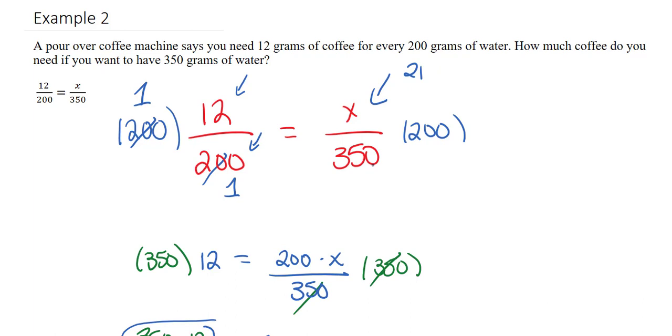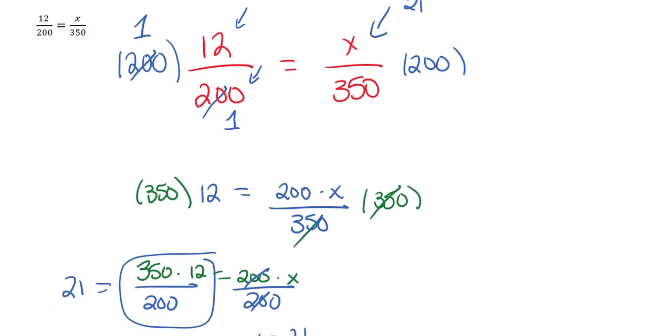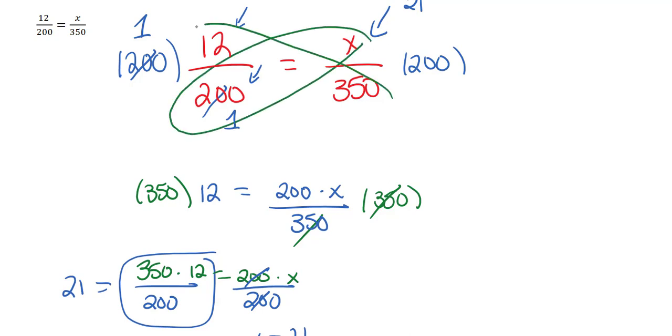Now let's go back real quick to show you how the butterfly also works for this. Rather than multiplying both sides by the denominator, we could have gone back and used the butterfly. So that is equal to 12 times 350, and then we have 200 times x.